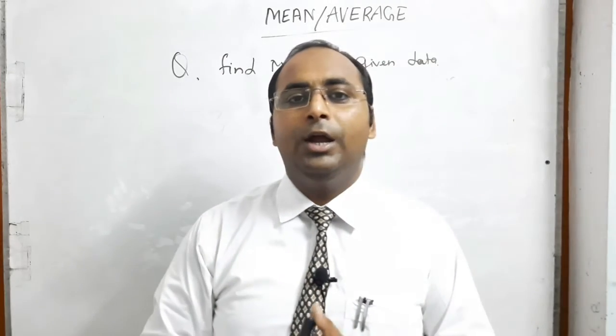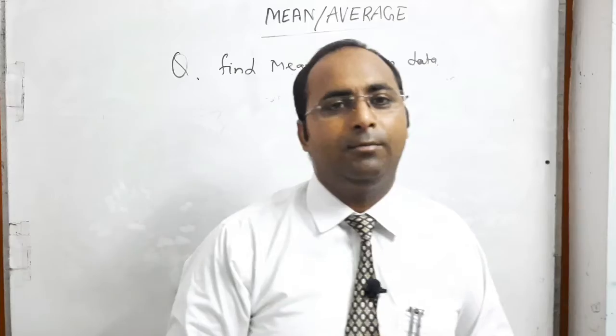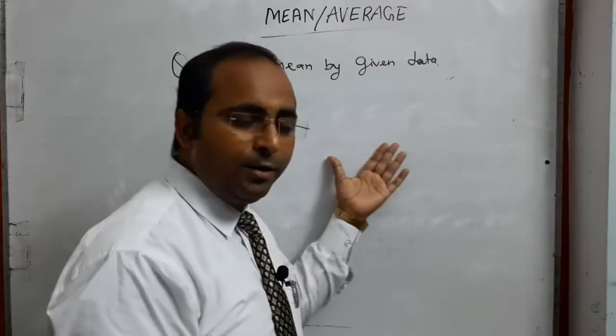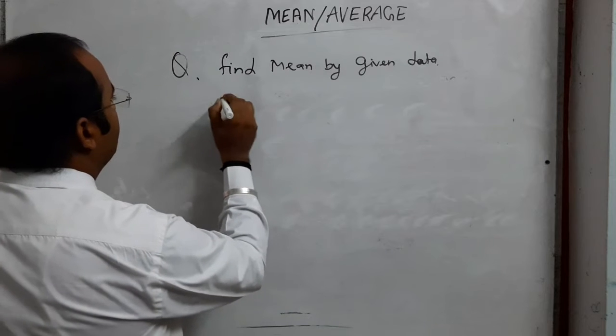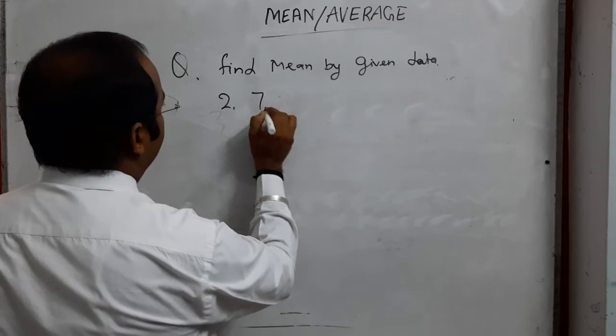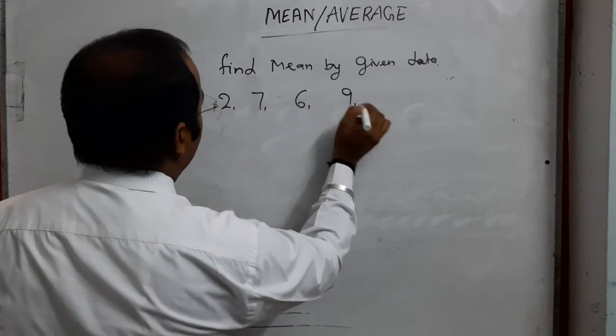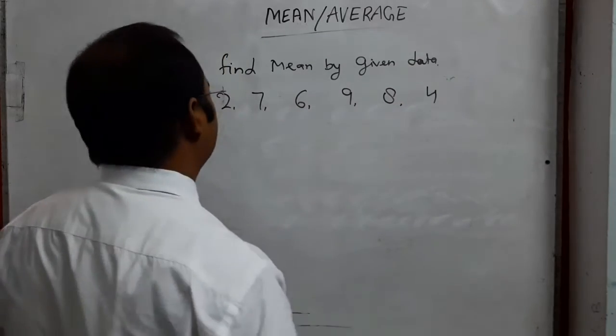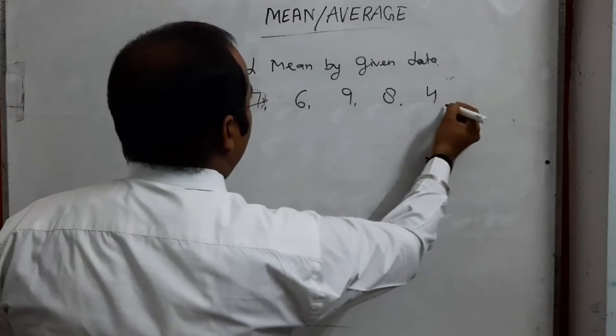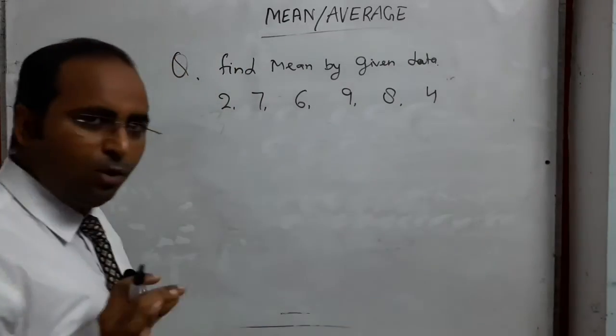You use the individual series only, because that has ungrouped data. This series is given here.